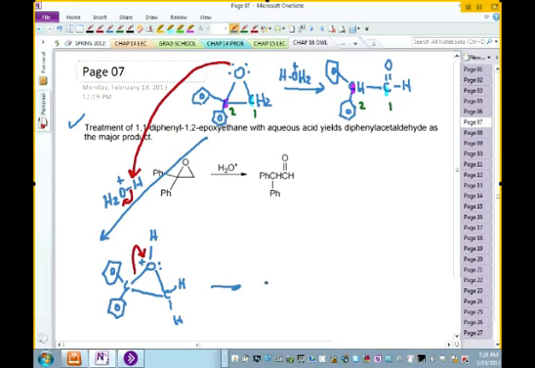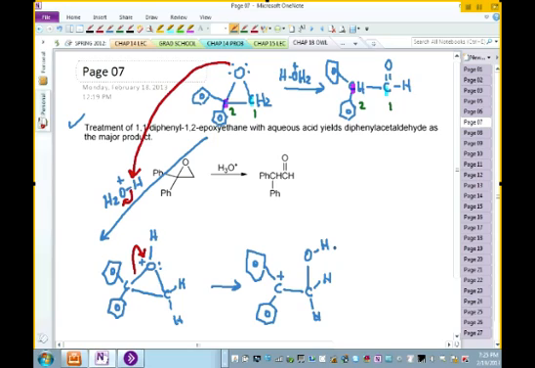Once it does that, then you have this here. Now you have this. And then this is positively charged, right? And now we have this here.